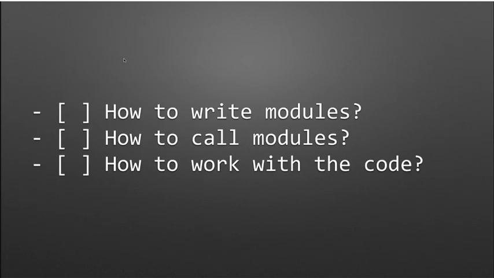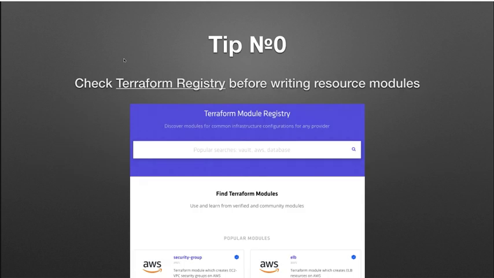So let's look into how to write modules and how to call them and how to work with code. So far it was basics, and let's go a little bit deeper. So, tip number 0: when we look into our current tasks and think, oh yeah, that's exactly a great use case for my resource module, I will go and write it.